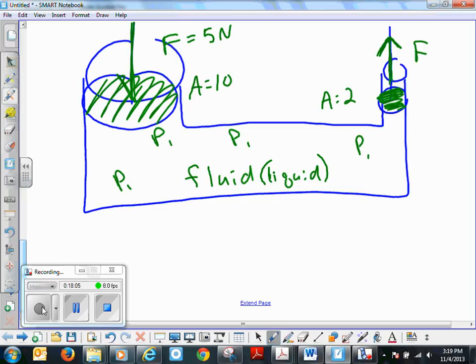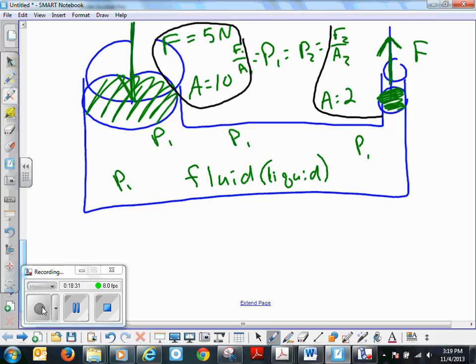Okay, but now let's see how this works. Because we could say P1 here equals force over area. But also P1 equals P2, which is force 2 over area 2. Keeping in mind that these things all go together, and since the pressure, like if I call this pressure 2 over here, it's actually the same as pressure 1 because of Pascal's principle.